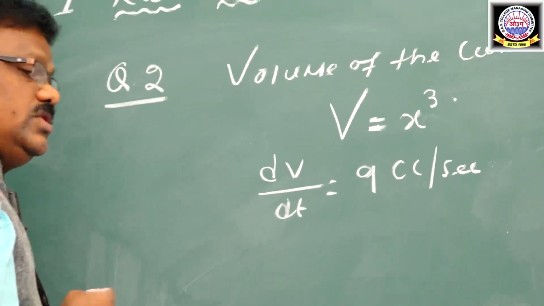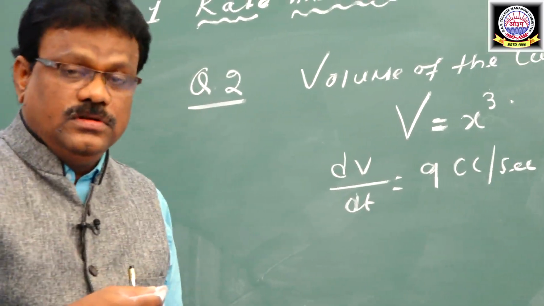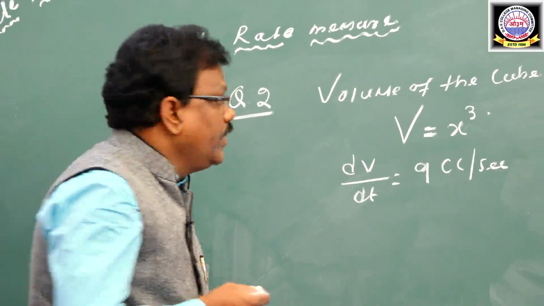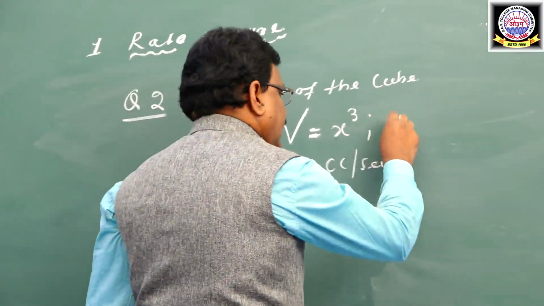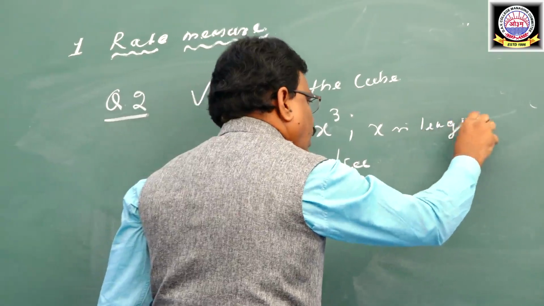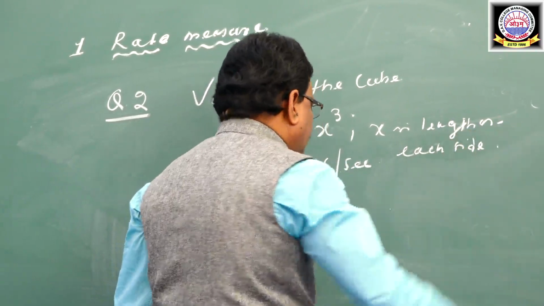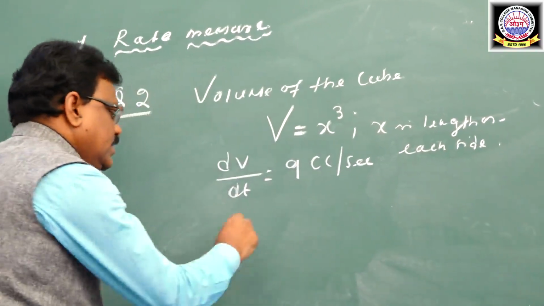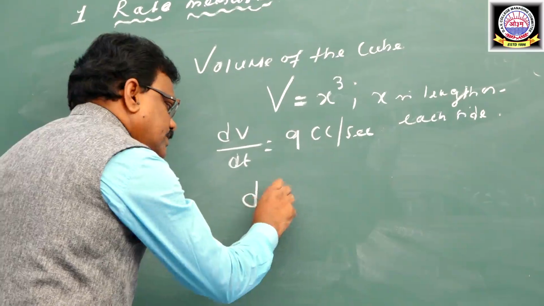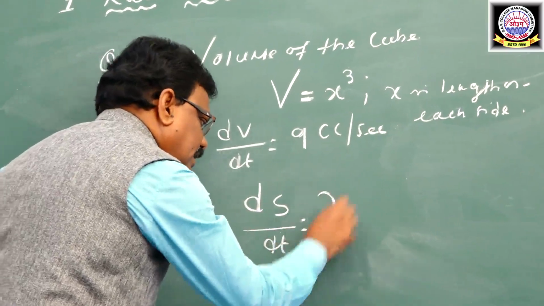Surface area means total surface area. What is the total surface area of a cube? 6x square, where x is the length of each side. Let S be the surface area. So, dS by dt is asked.